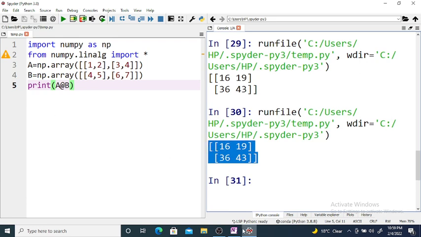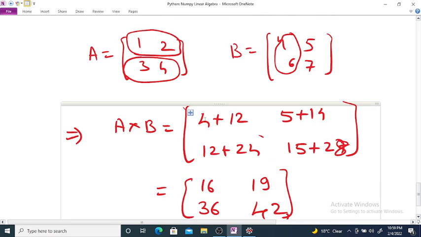So these are the two different commands to find a matrix multiplication.